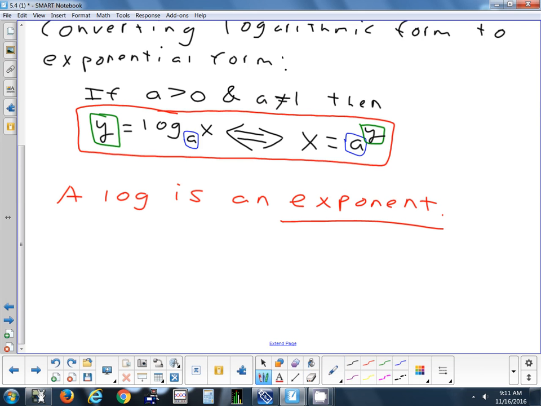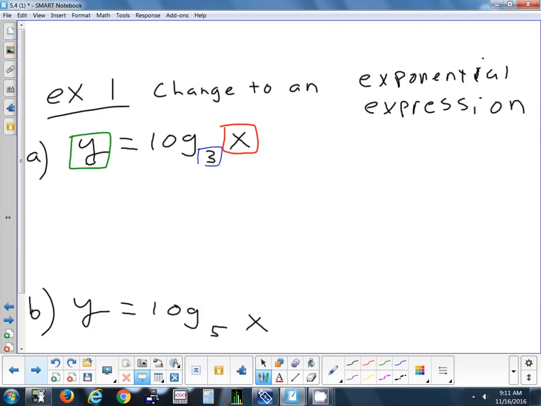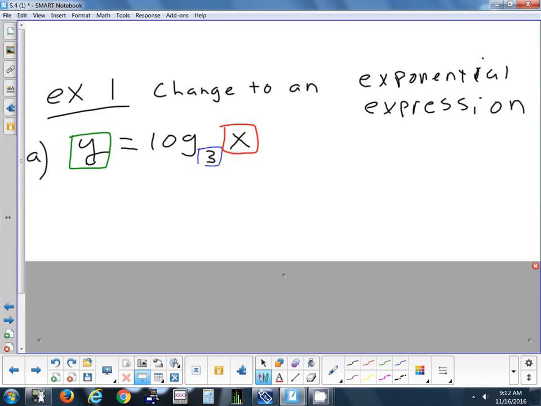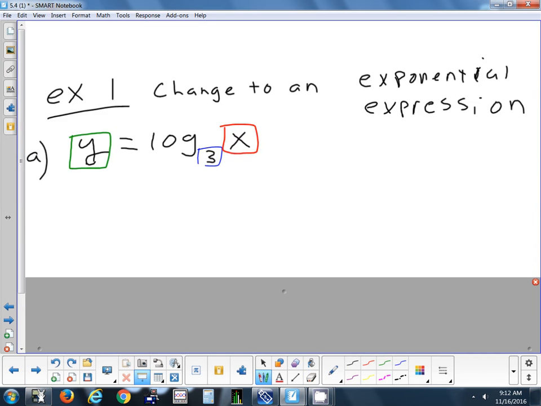All right. So does anyone have that formula? Let's practice changing something from log to exponential. First thing is, if you change it to exponential, the word log is going to be gone. What's my base right now? 3. So I'm going to put 3 as my base.